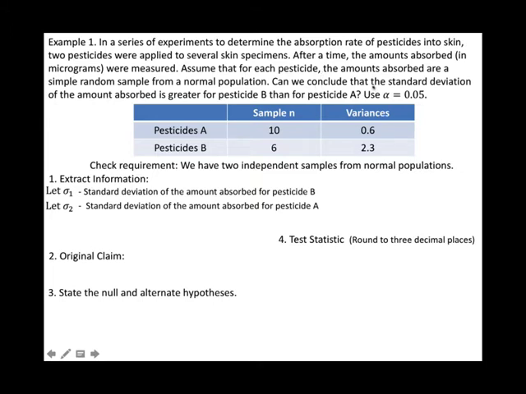Now with the claim statement, write down the original claim. You should get standard deviation 1 greater than standard deviation 2.